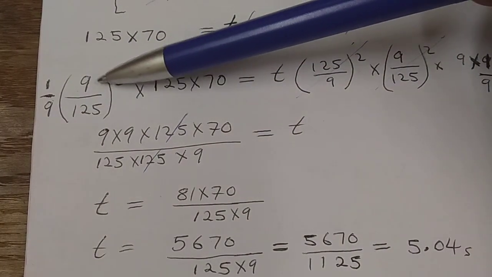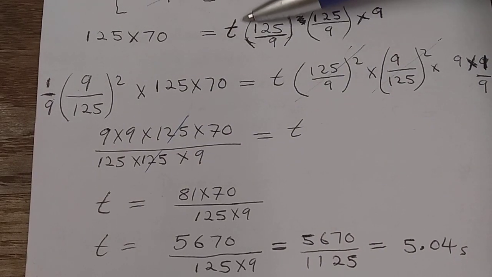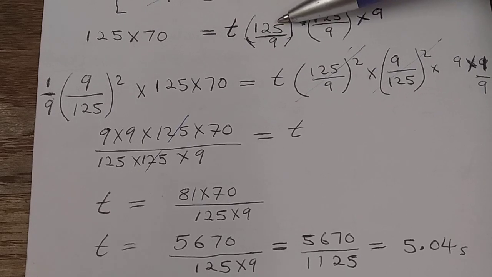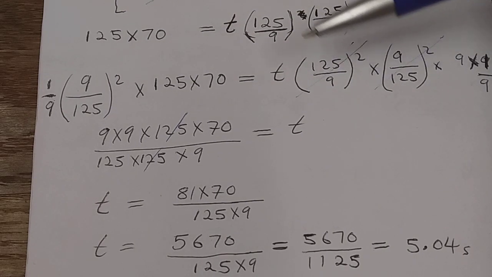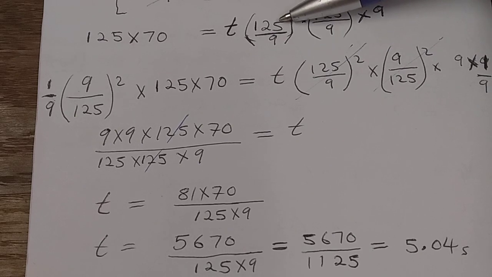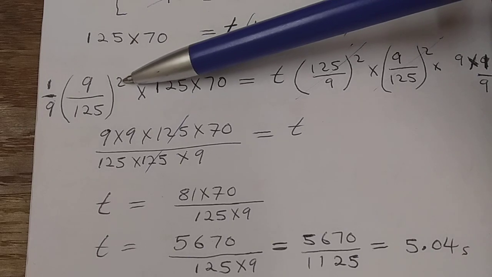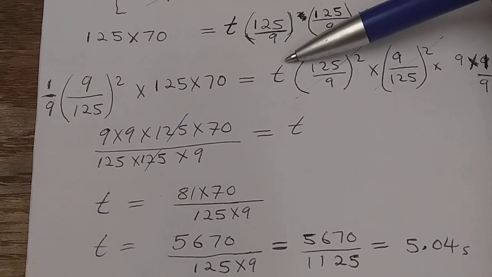So we are here now. From this step we want to be left with t only. So it's just the algebra. 125 over 9, you invert it, it becomes 9 over 125. Because there are two brackets, that's why I squared here. You invert so that they cancel each other.